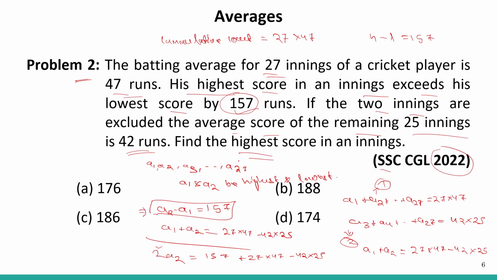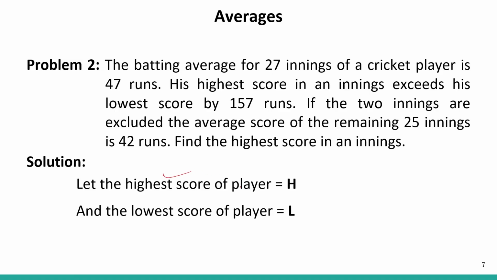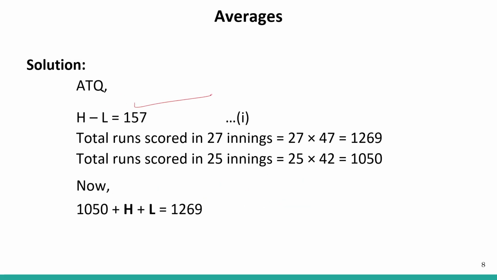So let's go forward with the step-by-step solution to complete the steps in the calculation process. Let the highest score of a player be H and lowest score be L. So H minus L is given as 157 according to the question. Total number of runs scored in 27 innings will be 1269 and total runs scored in 25 innings is 1050. So 1050 plus H plus L is equal to 1269.